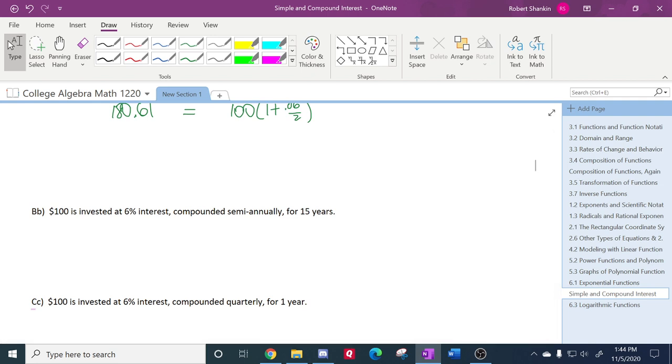So B and C. Type your answer into your group chat.